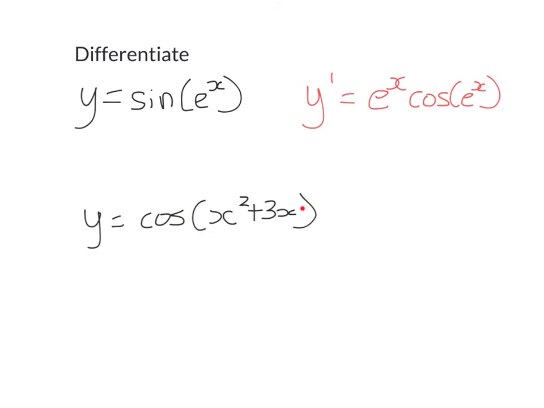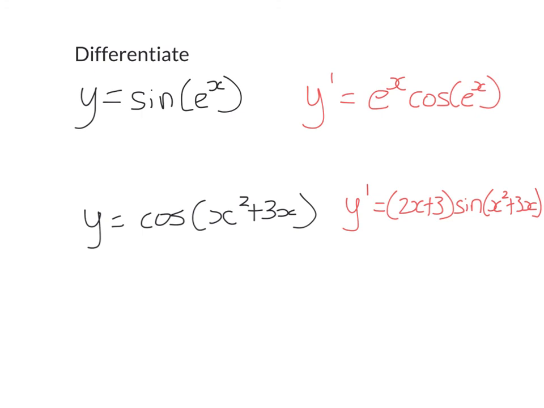Okay, so the derivative of what's in the brackets, x squared plus 3x, is just 2x plus 3. Then we change the cos to a sine, and we leave what's in the brackets alone. So it'll be sine of x squared plus 3x. So there's just one thing we haven't done here.